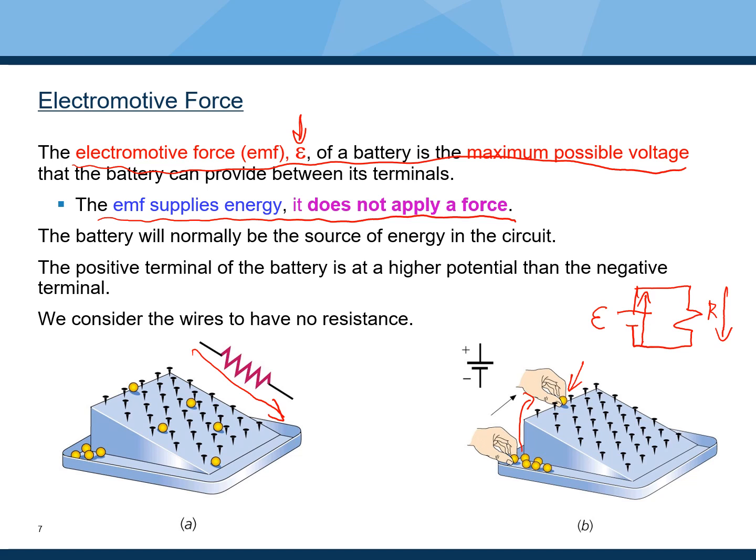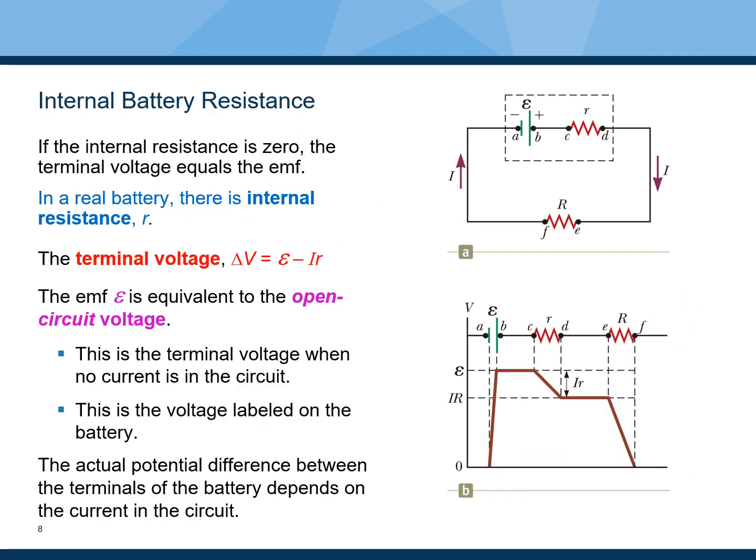Now with that, we realize that what happens in a real battery is more likely shown out here. So you see that this dashed line actually shows us a real battery, which can be modeled as an idealized battery with a rated EMF, which is shown by this curly E, but it also has a certain amount of internal resistance.